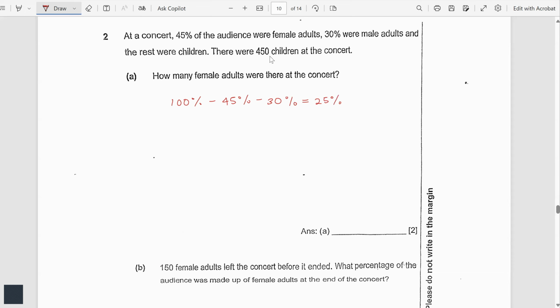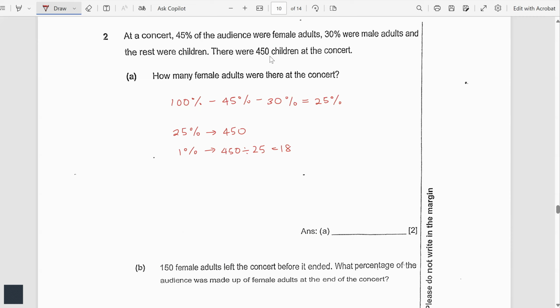So children will be 25%, and 25% represents 450. So with that, I find 1%. So 450 divided by 25, which is 18.